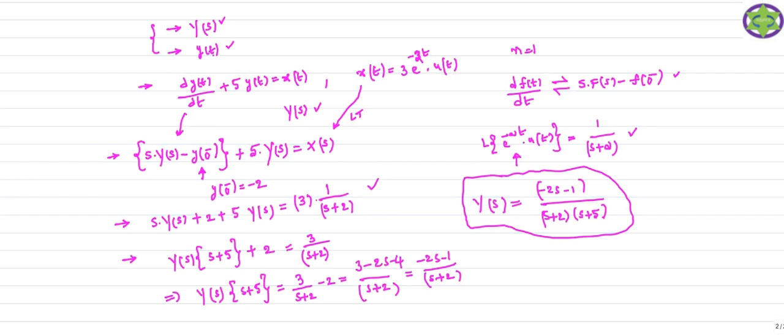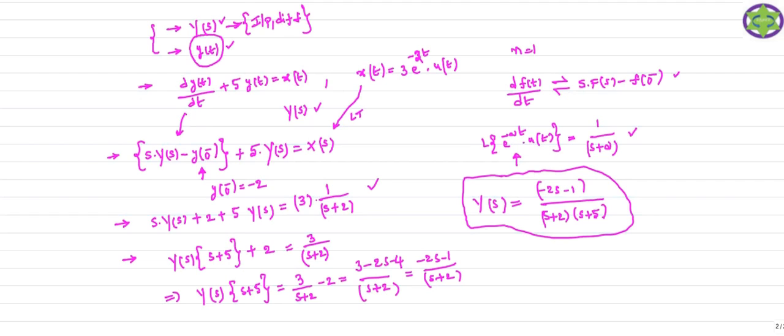So my objective is to find the response of the system. To do that, first you have to find capital Y of s. While finding capital Y of s, you use the input and the differential equation given to you. This is the differential equation given to you.